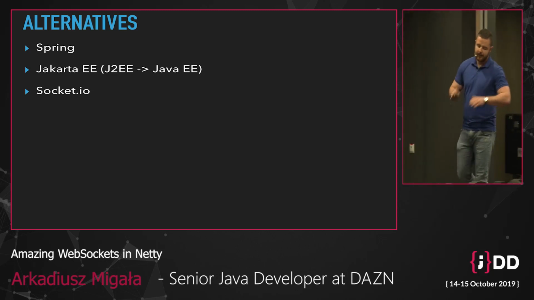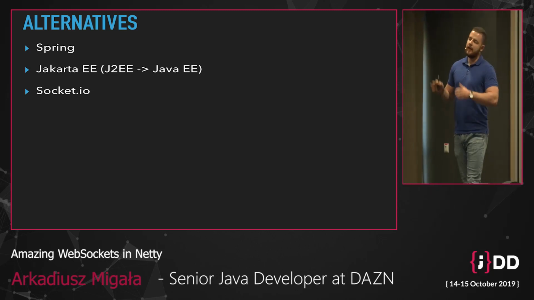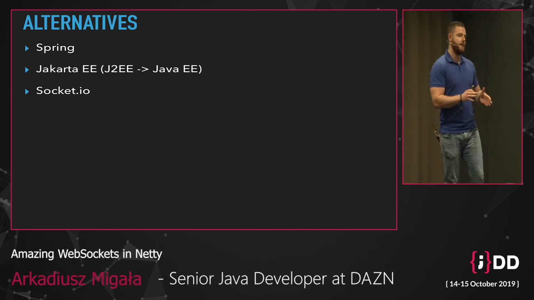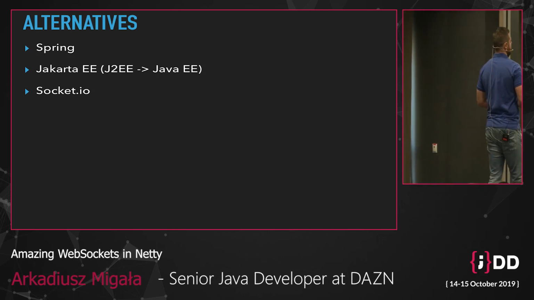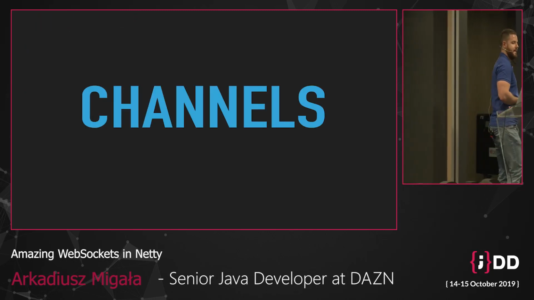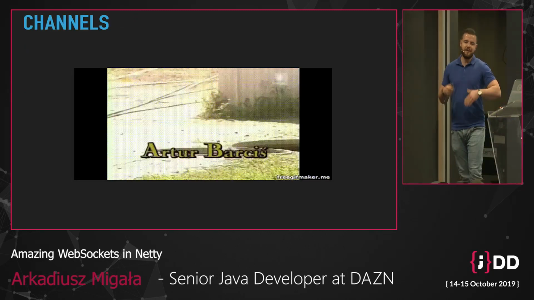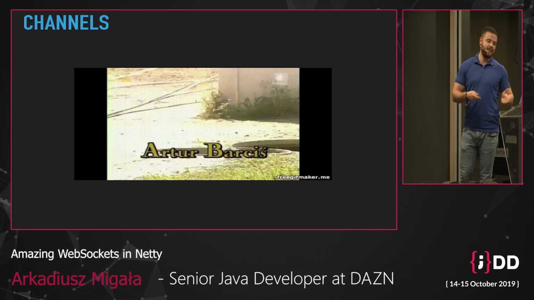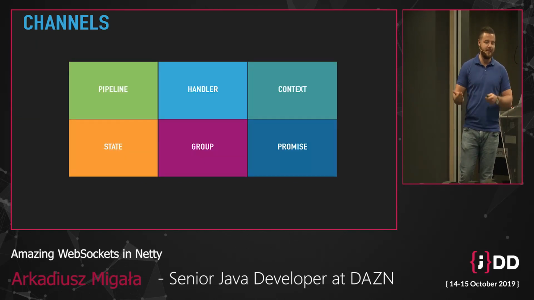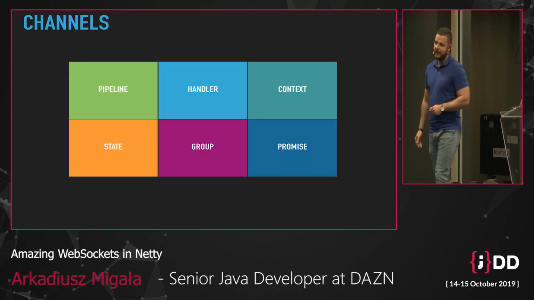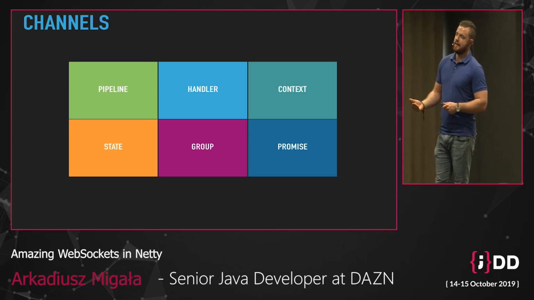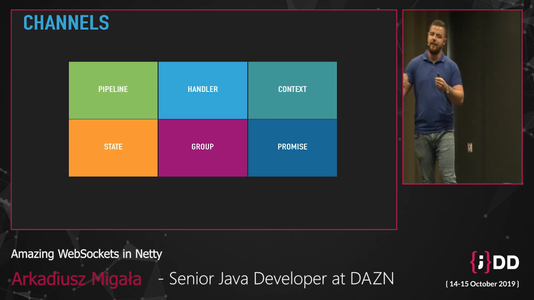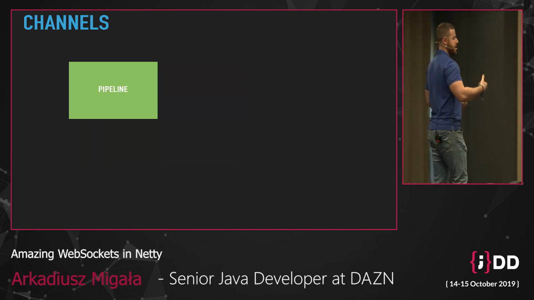So we said that Netty is based on events. Events are handled by event loops, but then events go through channels. So let's talk about what channels are, and what is connected with the channel. We will have a channel pipeline, which tells us the path that an event needs to take.